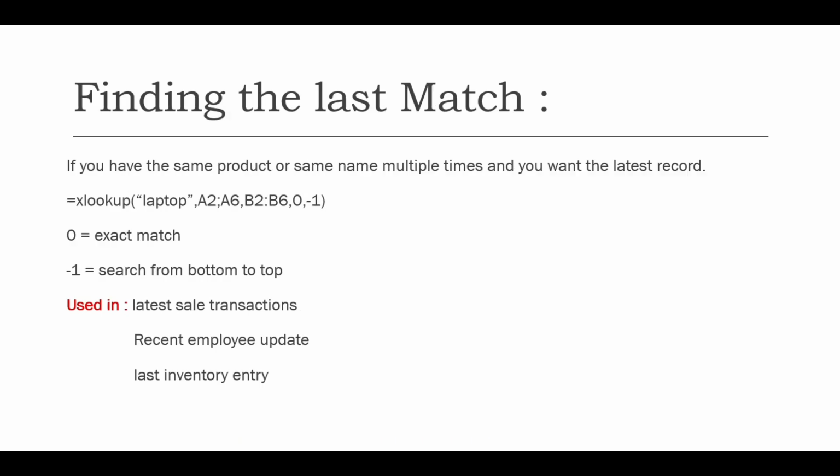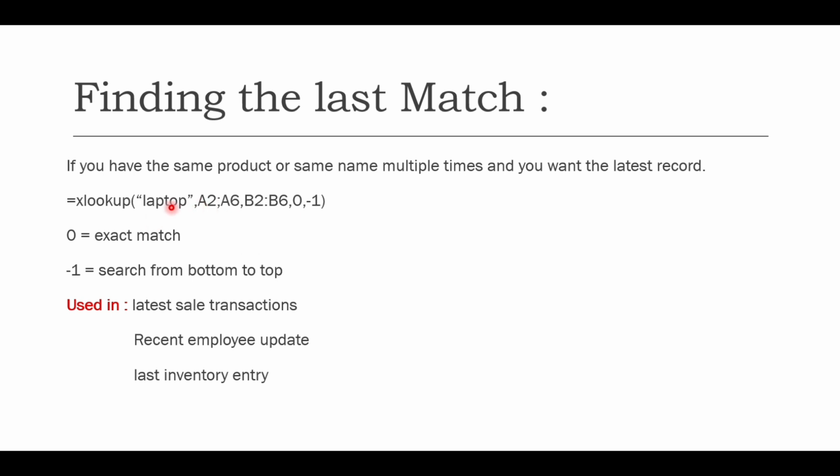And the next one is finding the last match. Suppose you have the same product or same name multiple times in the table and you want to find the latest record, then you have to use this. For example, in a table, if you have laptop multiple times, then you have to use this formula.